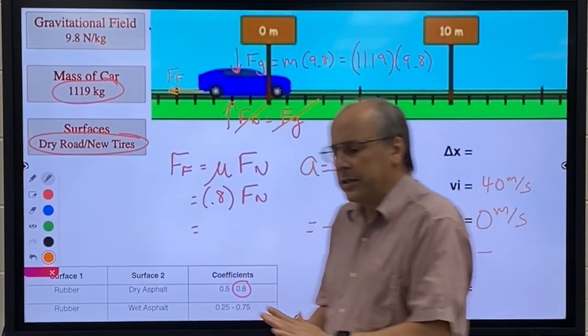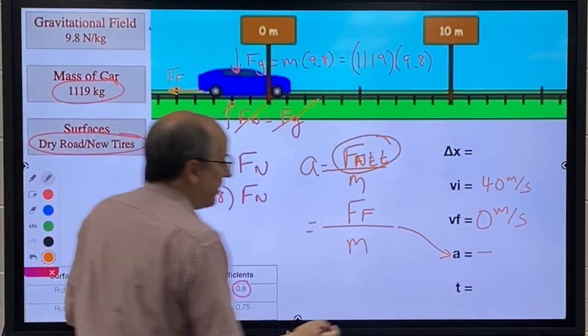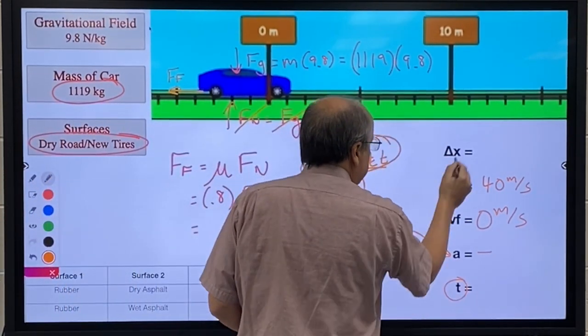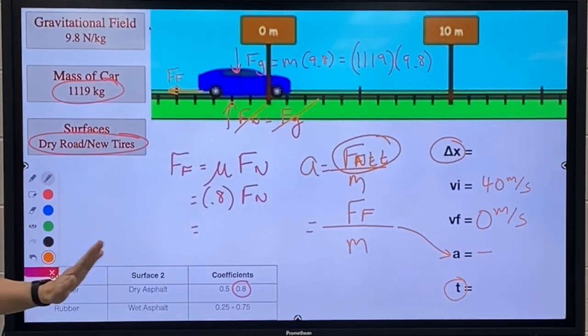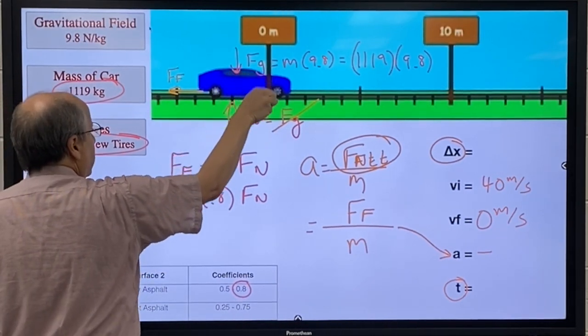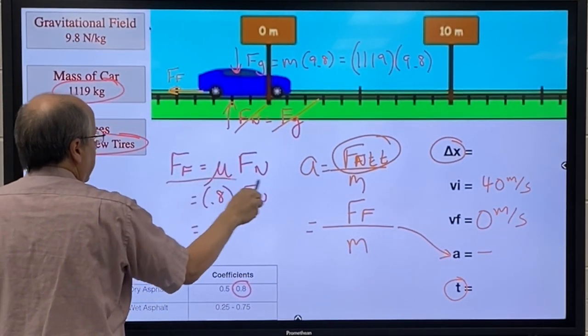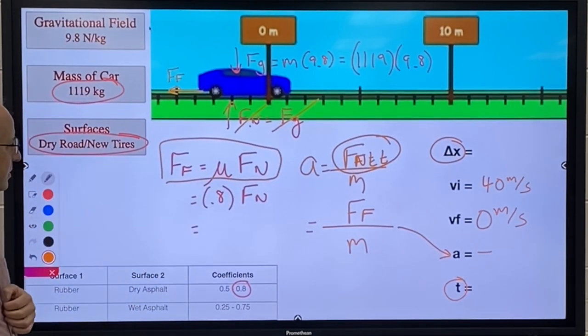I'd like you to pause the video and finish this calculation. I'd like you to figure out how much time it took the car to stop and how far did it travel along the roadway before it came to a complete stop. Okay? So again, find gravity, set it equal to normal, get friction based on normal and the road surfaces.